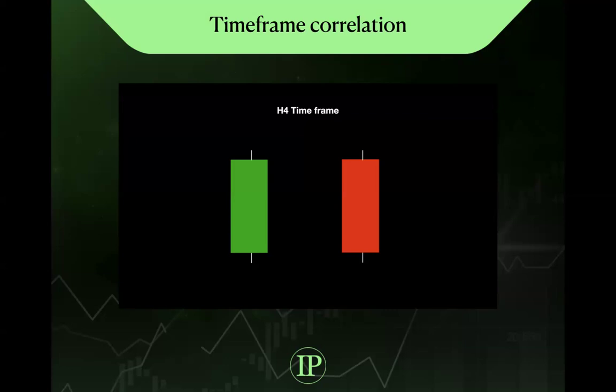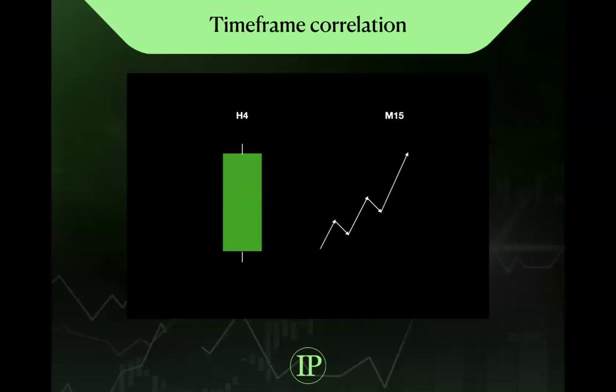By form, I mean that after it opened, price moved up and down within the 4 hours, creating a high, creating a low, and then finally closing and creating the body of the candle. The same applies to bullish and bearish. When we use time frames, we get to see more data.